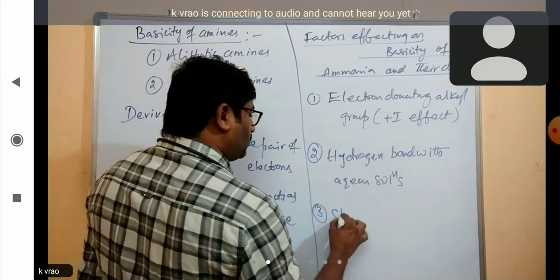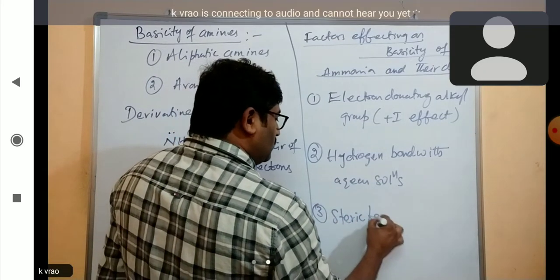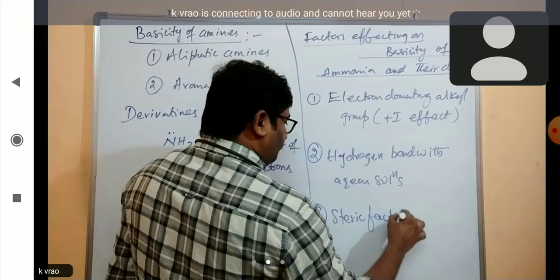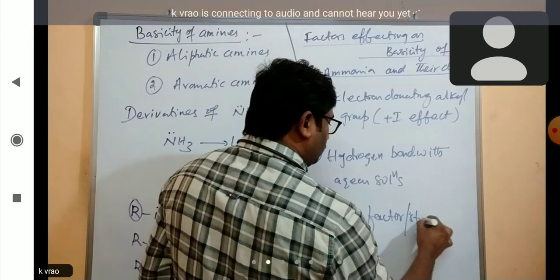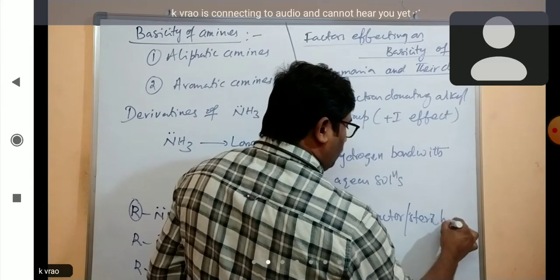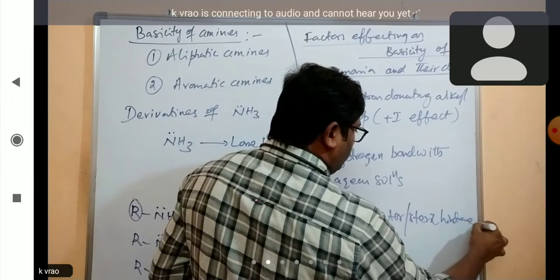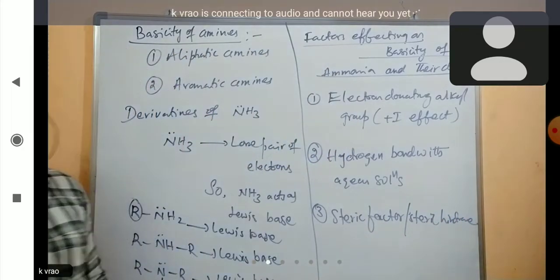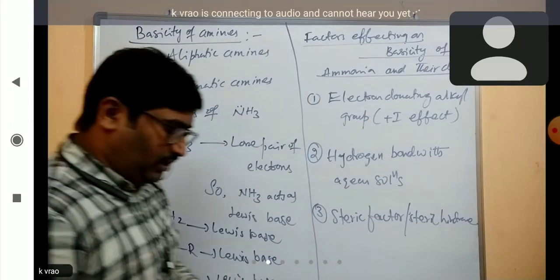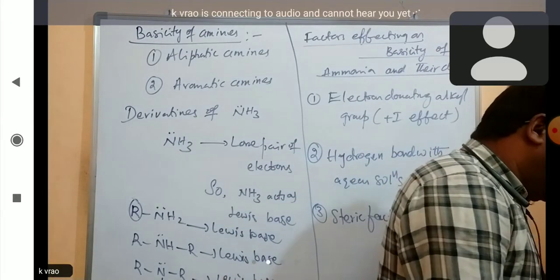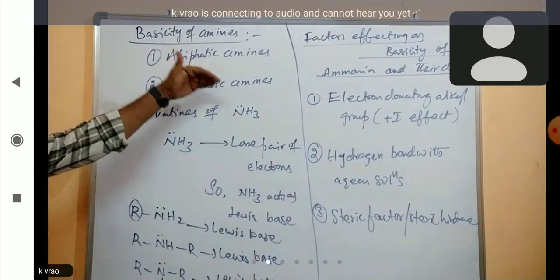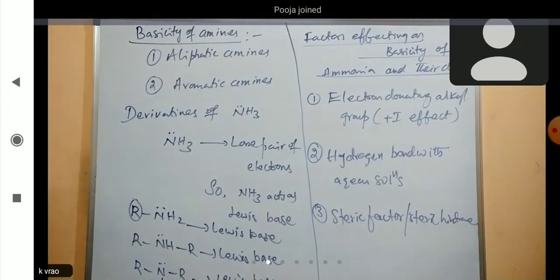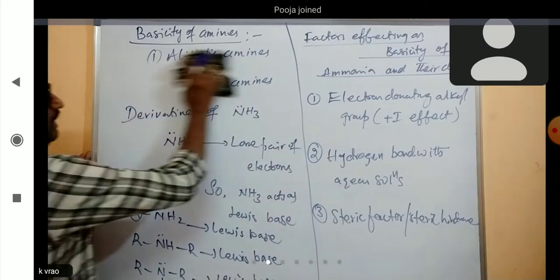Third factor is the steric factor, or steric hindrance. So these are the three factors that influence the basicity of ammonia and amines. Now we go through all the parameters affecting the basicity of ammonia and amines.